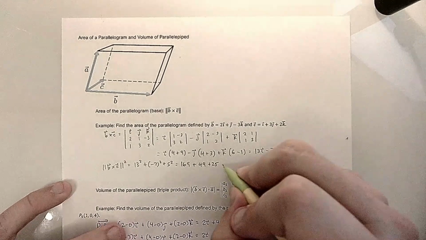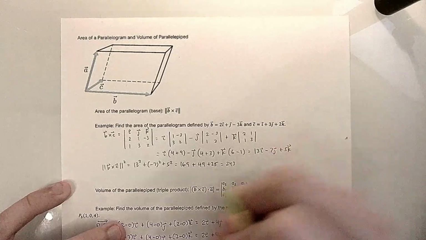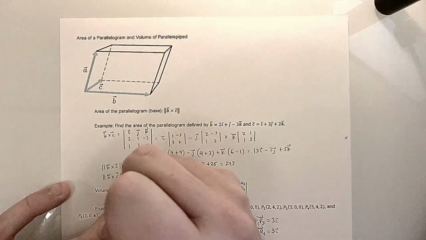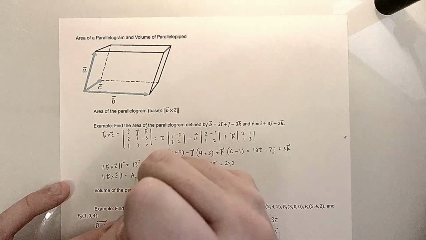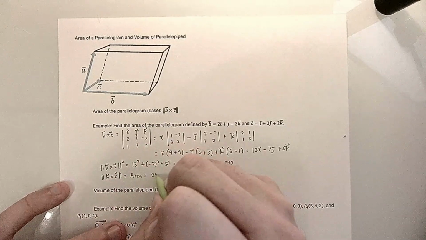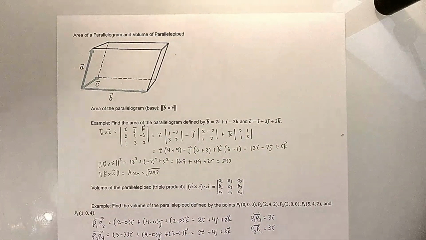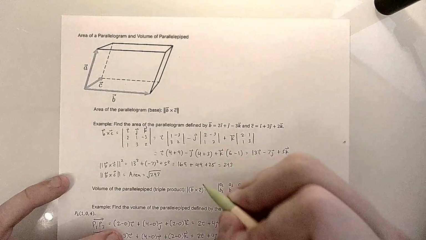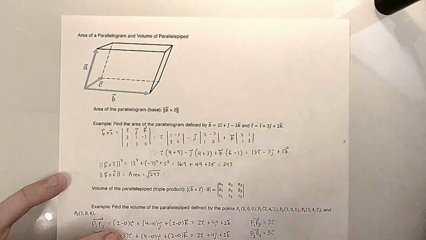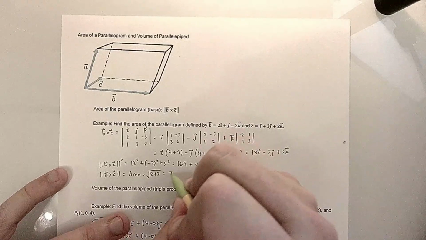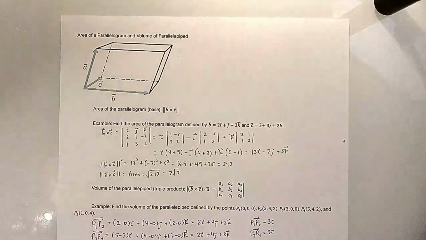I get 243. And if I take the square root of that to get my actual area, so this is my area, it's going to be the square root of that. Square root of 243 does not really come out all that cleanly, but we do recognize that 243 is also 7 times 49. So doing so, we can also say it's 7 square root of 7.